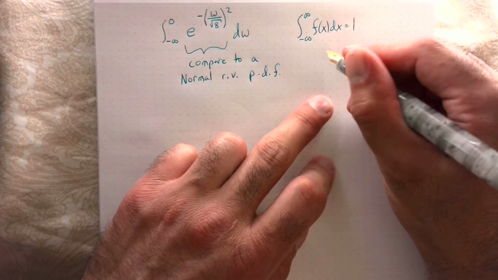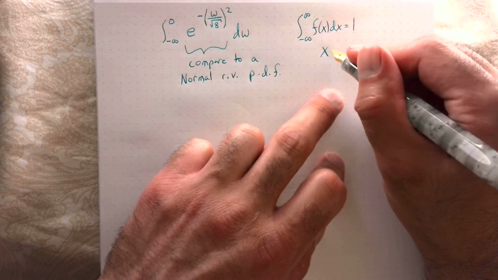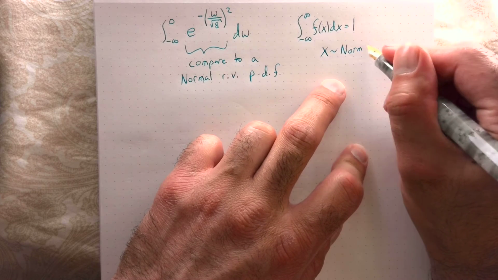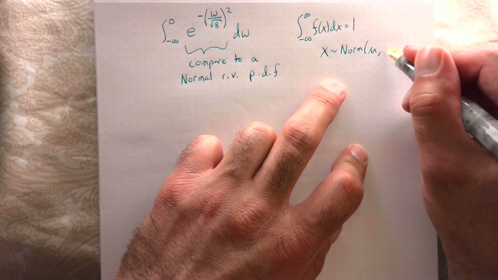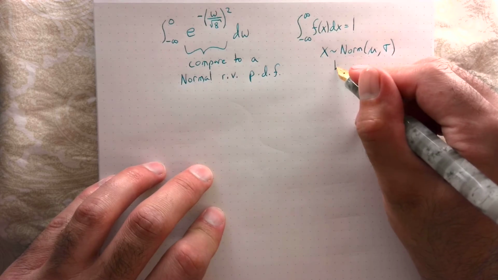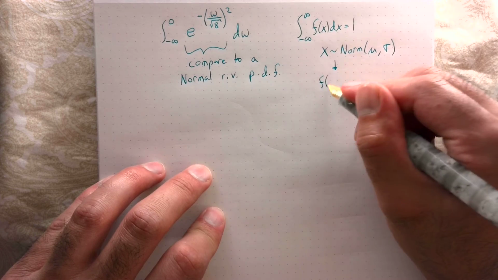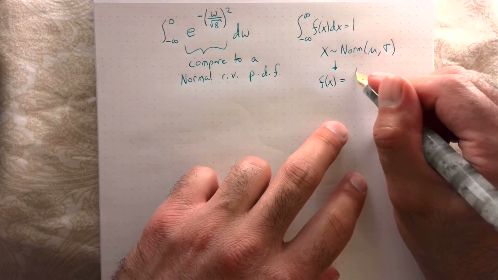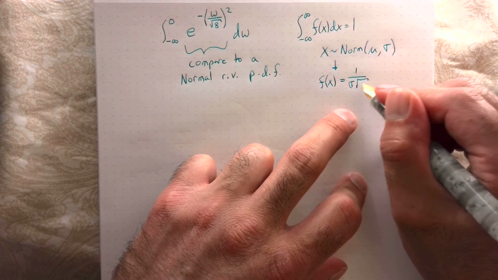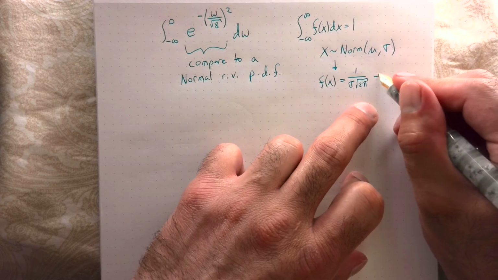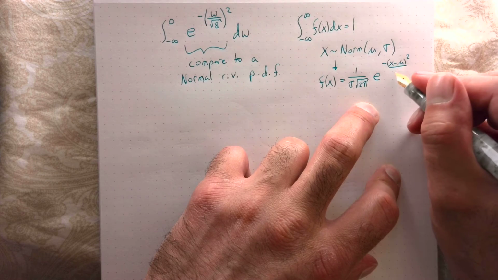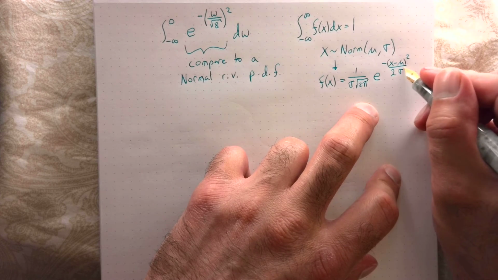If we have a random variable x that is normal with mean mu and standard deviation sigma, then the probability density function, little f of x, is given by 1 over sigma times the square root of 2 pi times e to the minus (x minus mu) squared over 2 sigma squared.